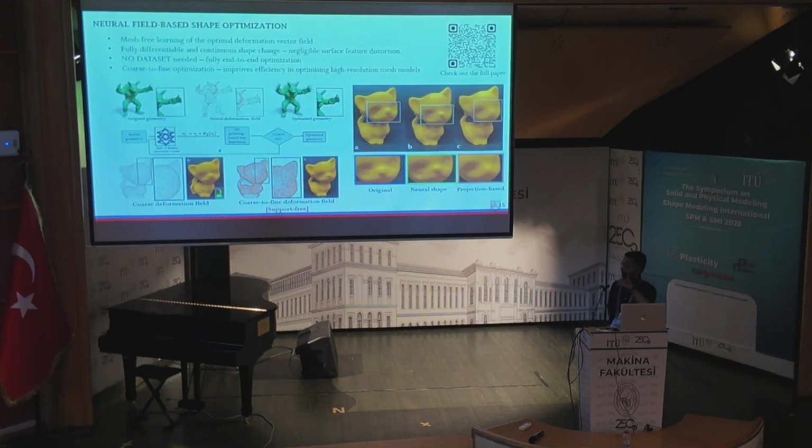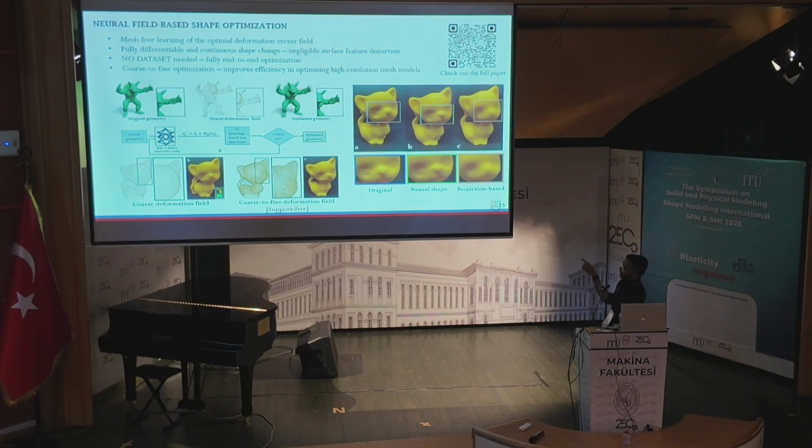So in the new method, we learn the shape deformation through a neural vector field. So the difference compared to the previous method is that in this method the shape change is differentiable and continuous, and we also introduce a coarse-to-fine optimization method to efficiently optimize high-resolution mesh models.